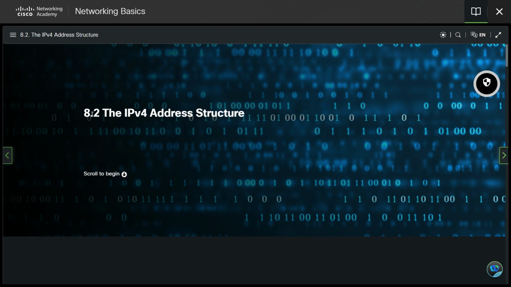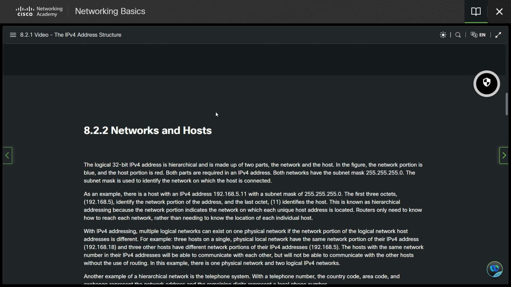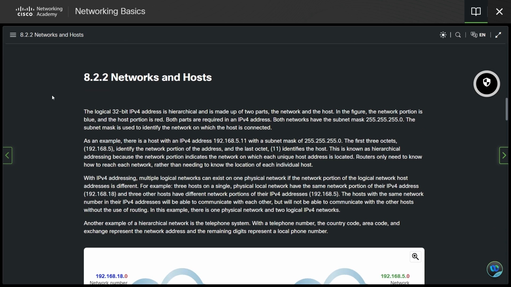I continue with the next point, the IPv4 address structure: network and host. The logical 32-bit IPv4 address is hierarchical and is made up of two parts: the network and the host. In the figure, the network portion is blue and the host portion is red.